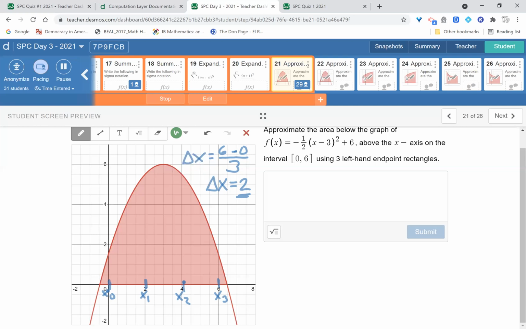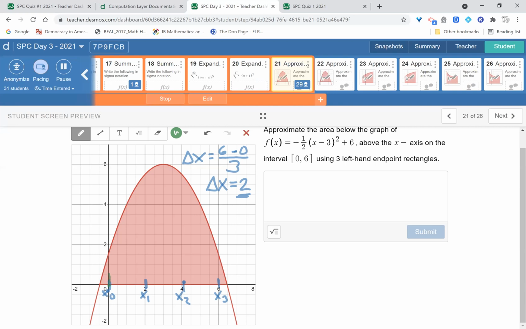All right. So my first interval goes from x sub 0 to x sub 1. I'm going to go to my left-hand endpoint, because remember, we're using left-hand endpoint. So my first interval from x sub 0 to x sub 1, my left-hand endpoint is x sub 0.